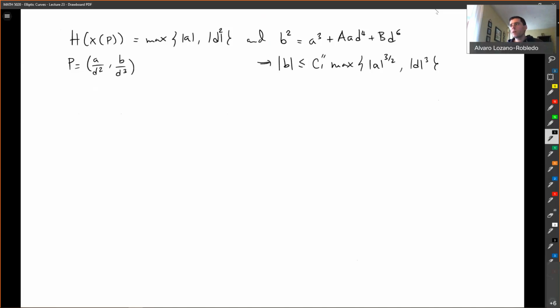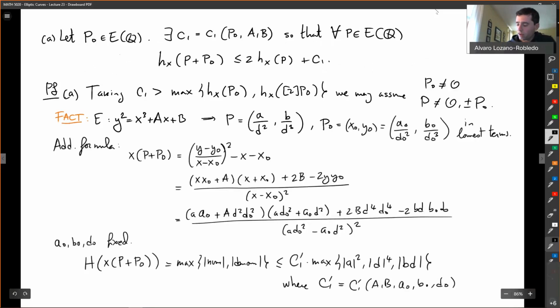Okay, I'm not being very explicit about those, but you can see it's some constant that depends on A and B. I did that because the absolute value of D usually showed up in here, and I didn't want it here.